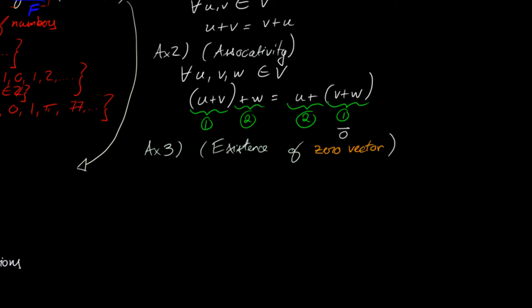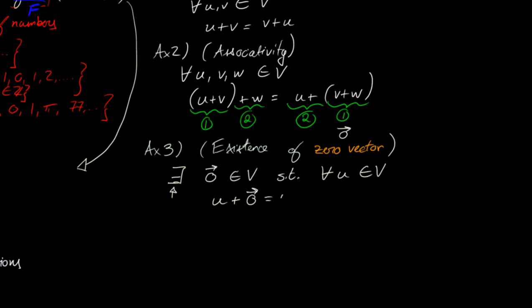A zero vector, which we usually represent with a 0 and an arrow, is by definition such that if you add something to the zero vector, it won't change it. So the third condition is that there exists a zero vector that belongs to V, such that for all u belonging to V, if you take u and add the zero vector, it just gives you u.